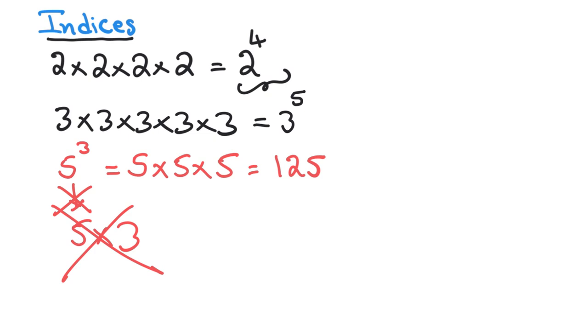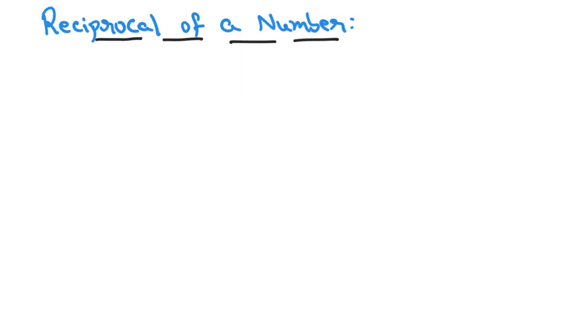Great. Let's move on to learn more number facts. Let's understand what we mean by the reciprocal of a number. The reciprocal of a number is nothing but 1 divided by the number. In other words, it can simply be remembered as flipping the fraction. For example, let's look at the number 4. Can I write 4 as 4 over 1?